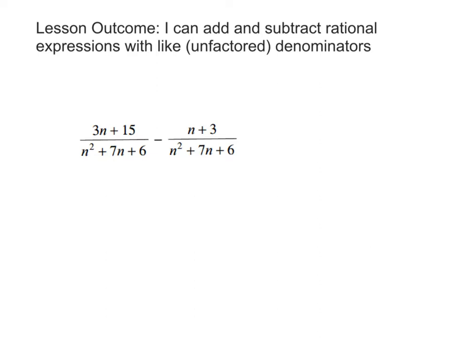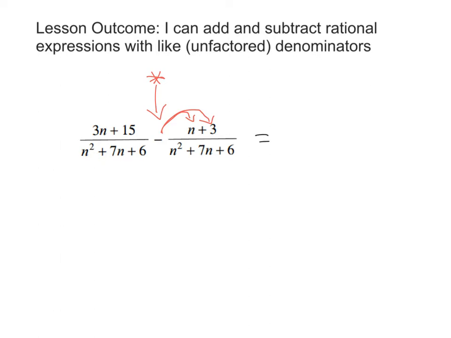So first things first, we need to, again, pay very close attention to whether it's addition or subtraction. In this case, it is subtraction. And I mentioned this in the previous video, we have to be very careful because that means the subtraction sign needs to be given to the n as well as to the plus 3 when we subtract these two fractions.